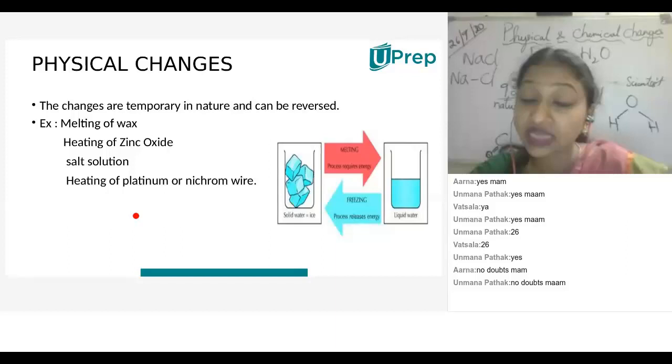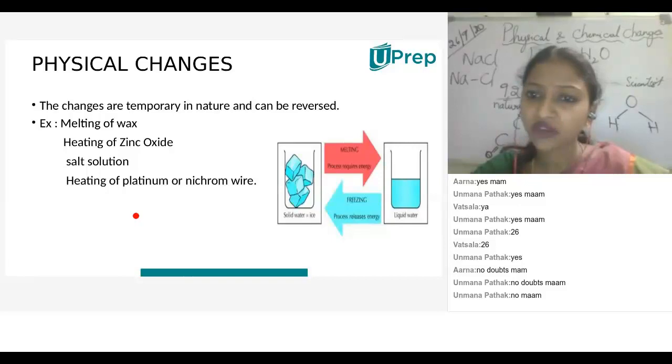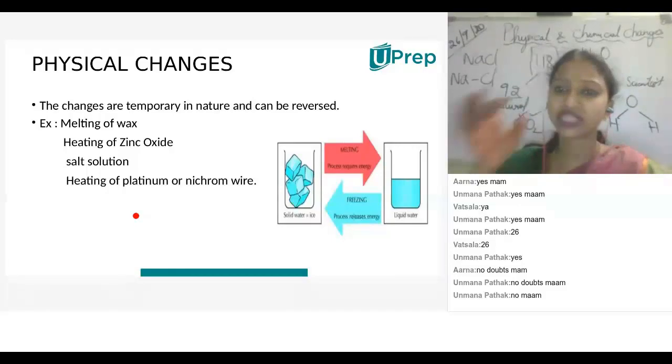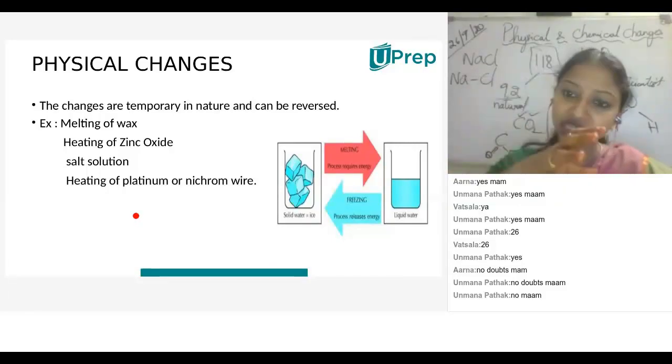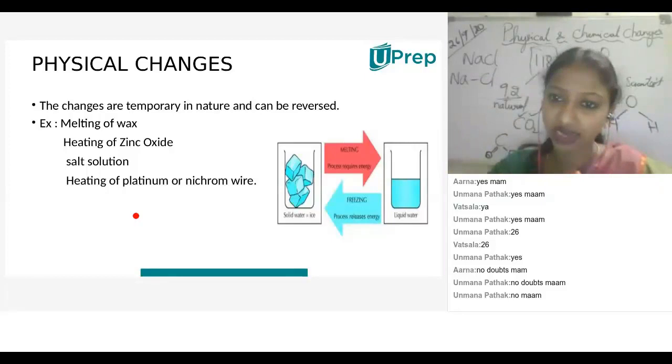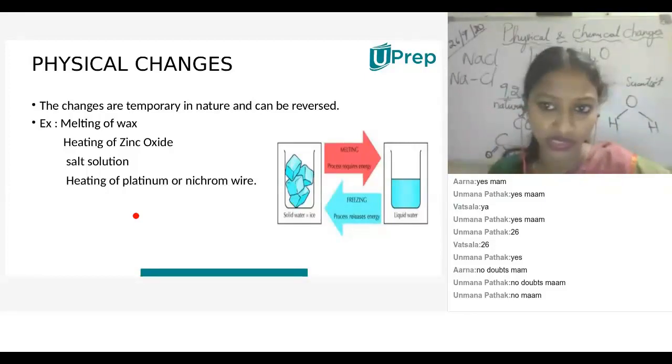Does this mean that the property of wax changes? No, the property of wax won't change. It's only the physical state: first it is solid, when we melt the wax it converts into molten, a semi-liquid state.